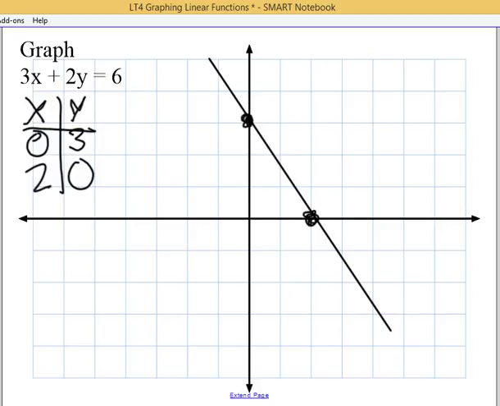And the third option would be to use intercepts. Plug in a 0 for x, get a y-intercept. Plug a 0 in for y, get an x-intercept. 3 options, 3 good options, depending upon what you're given. But that pretty much covers graphing linear functions.